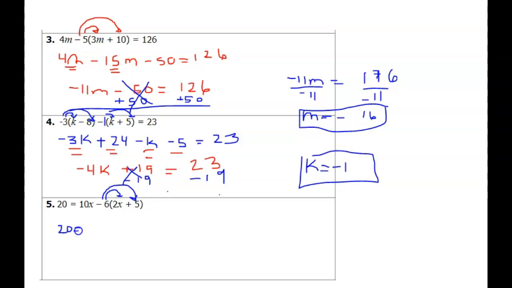It equals 10x. And then I start having the negative 6 dance. Negative 6 times 2x, well, that's negative 12x. I keep the variable. Negative 6 times 5 is going to be negative 30.